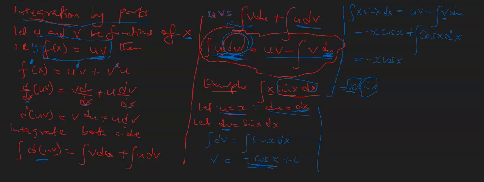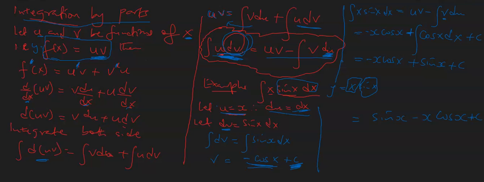plus the integral of cos x. If you integrate cos x, you get plus sin x, of course, plus c. In fact, even this one we should add a c because of this c here, plus a constant, this is still a constant c, and therefore we have a final solution as sin x minus x cos x plus c.